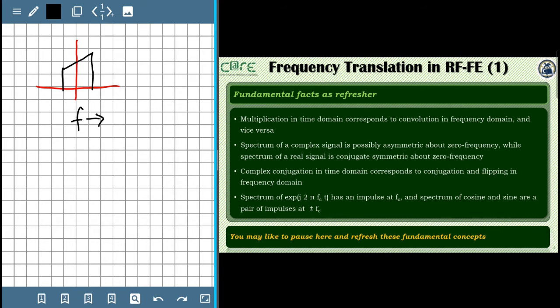But once we talk about real signals, the spectrum is going to be conjugate symmetric about the zero frequency. And an example for that would be as follows. So this spectrum that we have drawn now has a conjugate symmetric shape, which reflects a signal that is real valued.